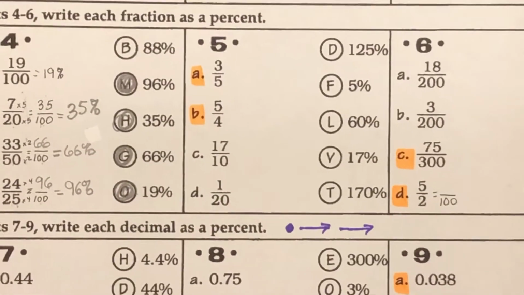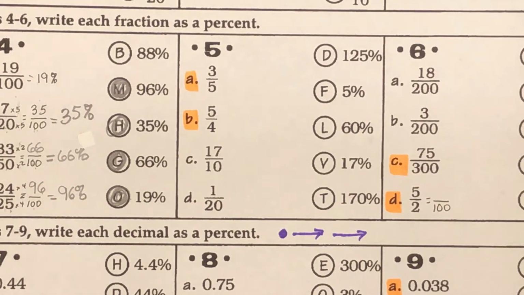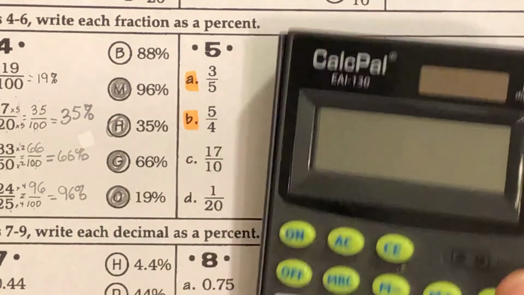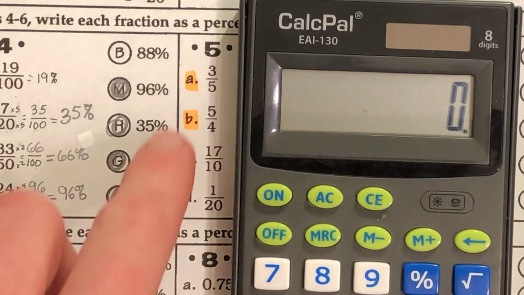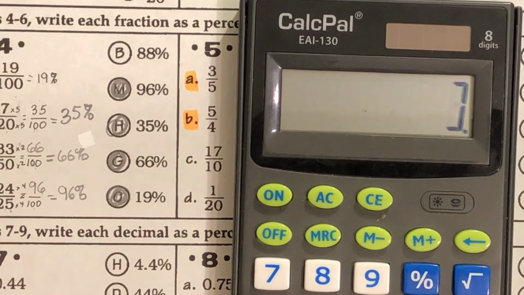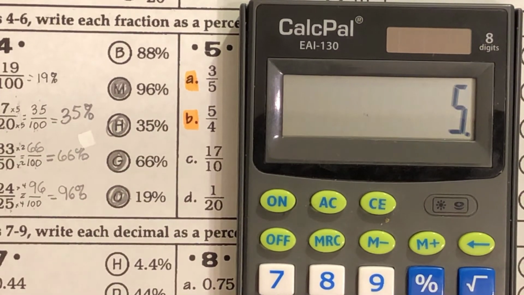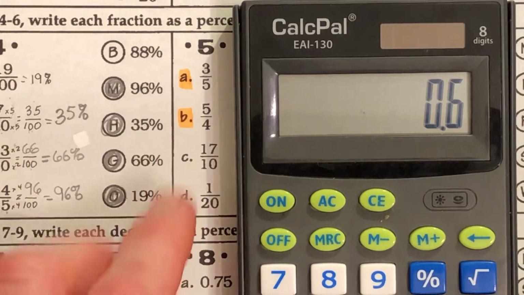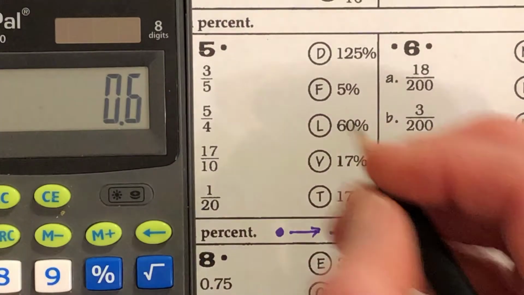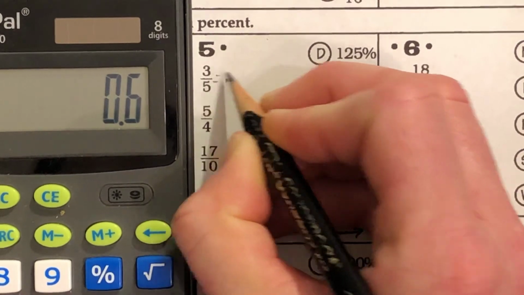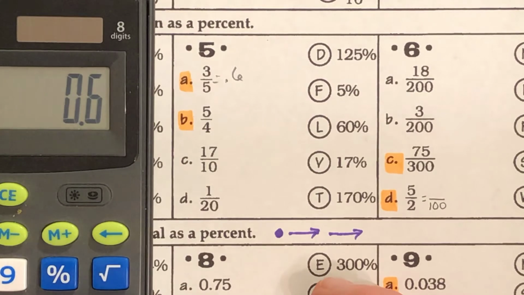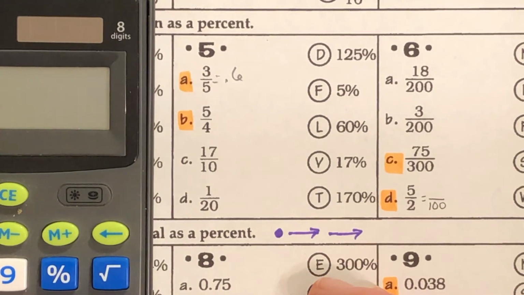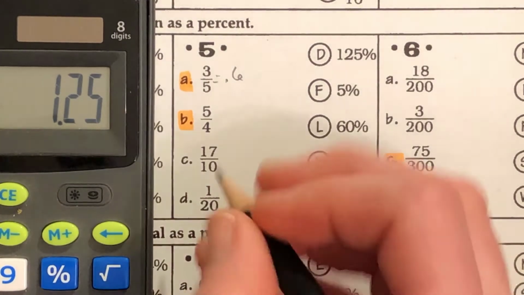Let's look at 5. Another alternative, if you want to instead use a calculator, you can divide it out. 3 divided by 5. That will put it in decimal form. 0.6. And 5 divided by 4 is 1.25.